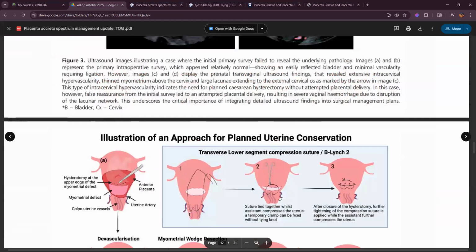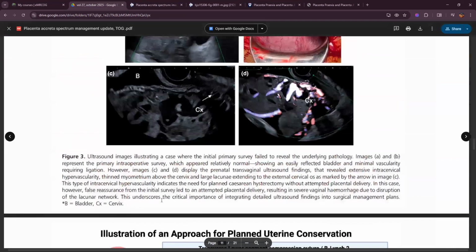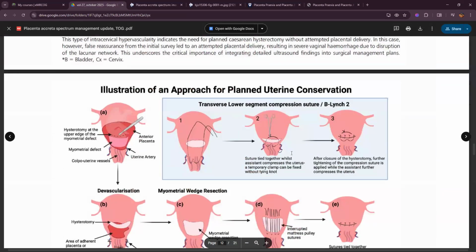Okay, so back to our TOG article here. Let me talk to you about how we can do the uterine conservation. Uterine conservation in a case of placenta accreta means what? Control the hemorrhage. This is what we are going to do. We are going to control the hemorrhage. So again, please refer to the postpartum hemorrhage guideline.